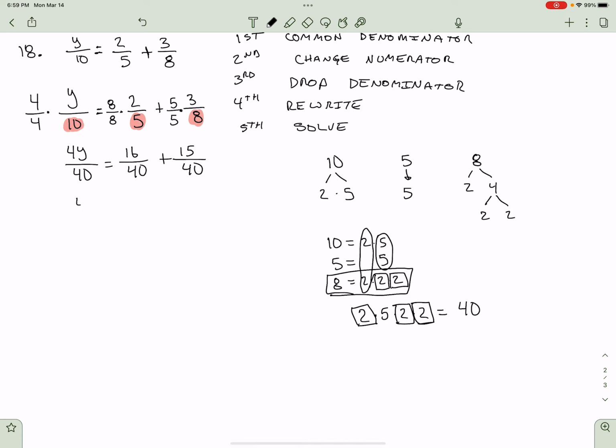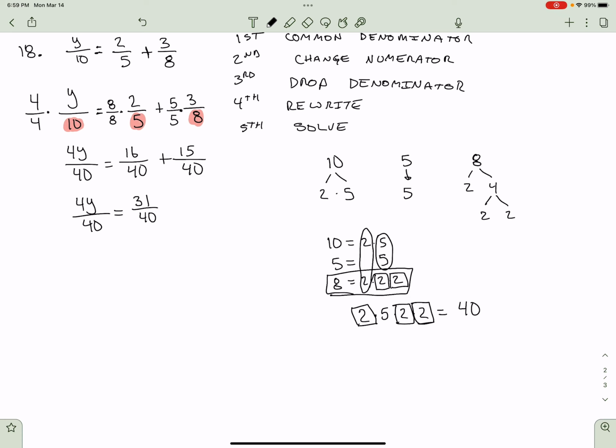So now we know that 4y over 40 equals 16 plus 15 over 40. Well, 15 plus 15 is 30, and one more makes one of those 15s 16, so that's going to be 31 over 40.